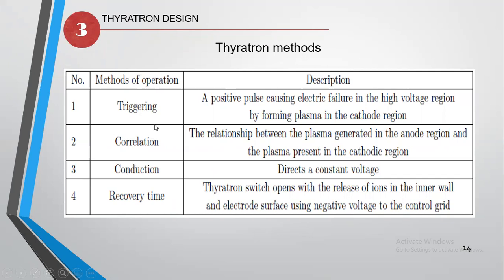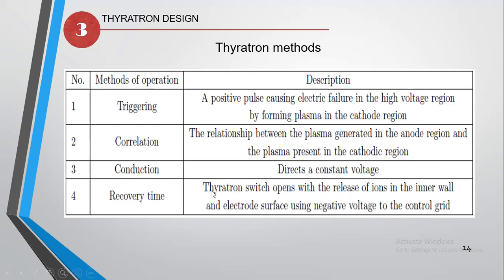After these two methods happen, the conduction process will take place. These two methods take 120 to 200 nanoseconds because of forming plasma in the anode and the cathode, and to move the electrons to the other side, to the cathode.